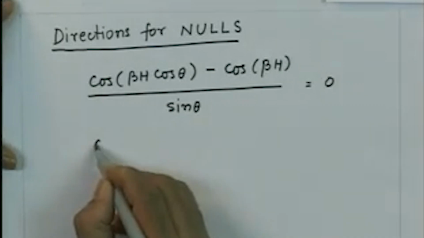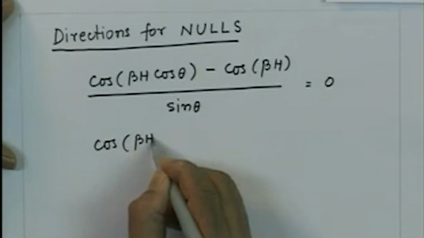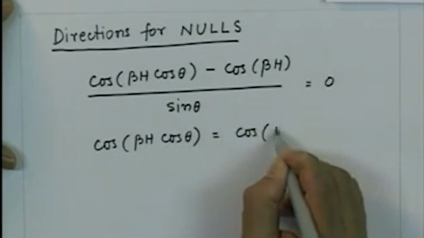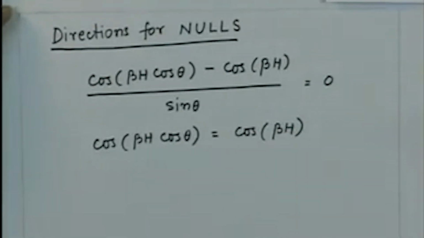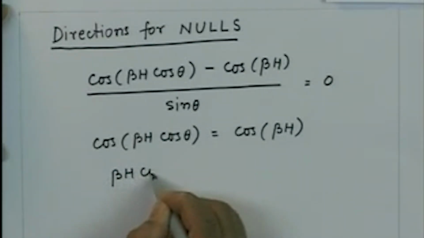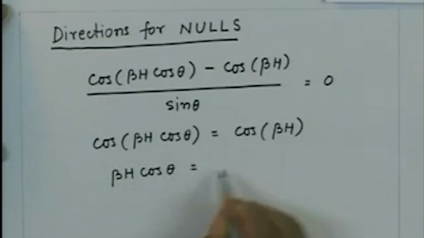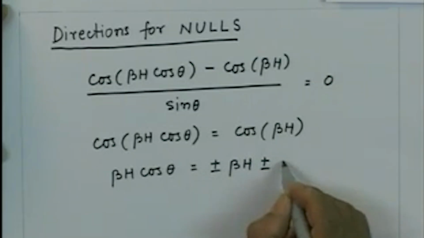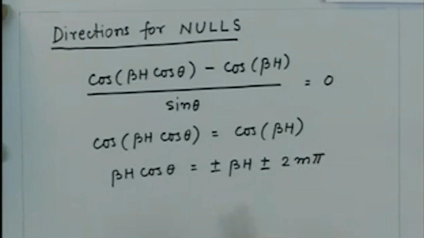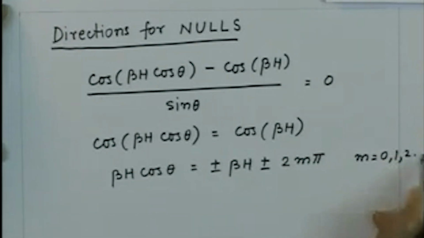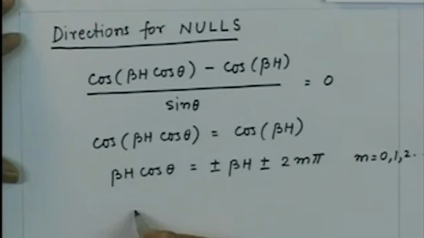Or from here I have cos(βh cos θ) equal to cos(βh), or βh cos θ will be equal to ±βh ± 2mπ, where m is an integer. So, m is equal to 0, 1, 2 and so on. From here then I can find out the directions of the nulls.